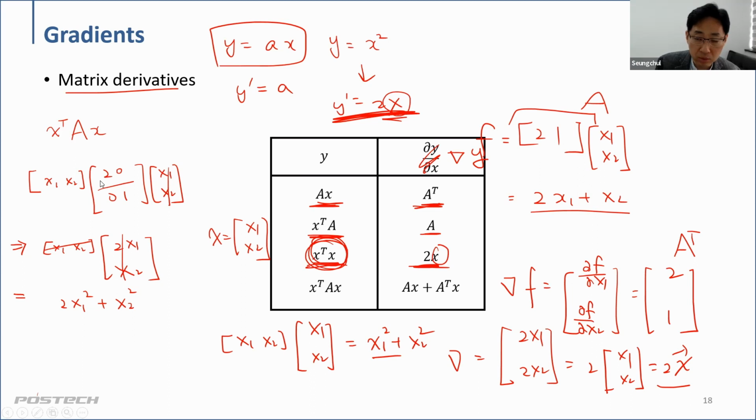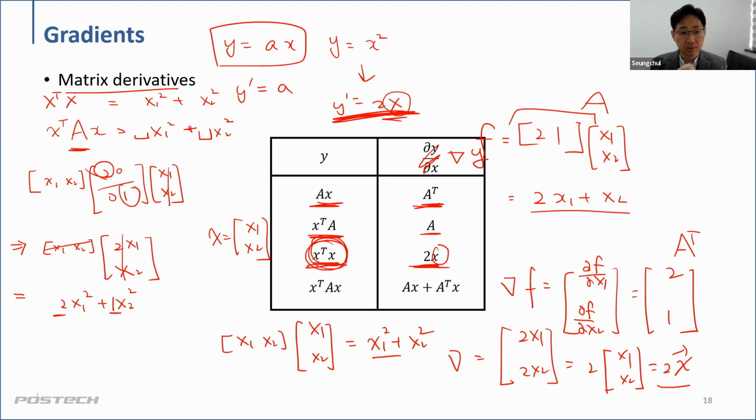What I want you to look at is, say we start from x squared, which is x1 squared, x2 squared. But what if I want some scaling factors, different weights or coefficients? Then we can introduce a matrix here. I hope you see the patterns.